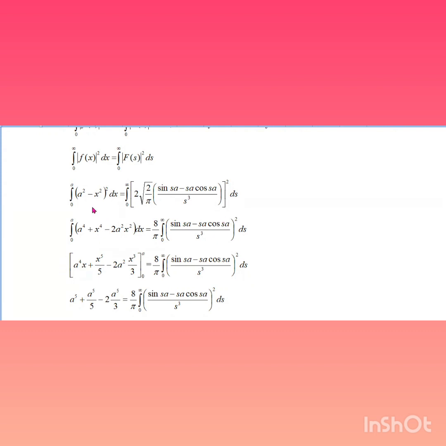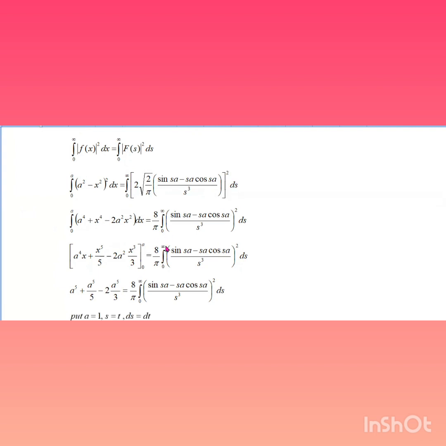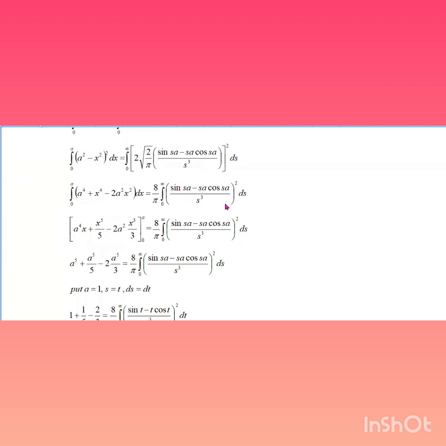So (a² − x²)² is (a − b)² = a² + b² − 2ab, giving the integral over the limit 0 to a of (a⁴ + x⁴ − 2a²x²) dx, which is equal to 2² times 4 times the square of the root of 2/π, that is 4 into 2, 8/π, times the integral over the limit 0 to infinity of ((sin sa − sa cos sa)/s³)² ds.